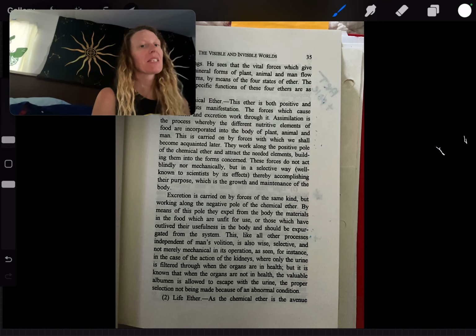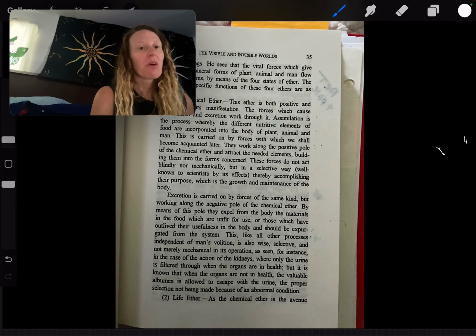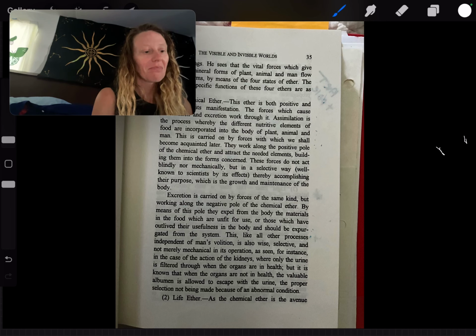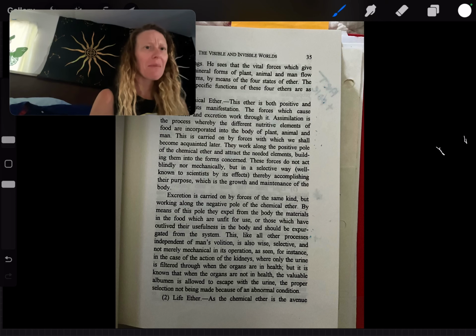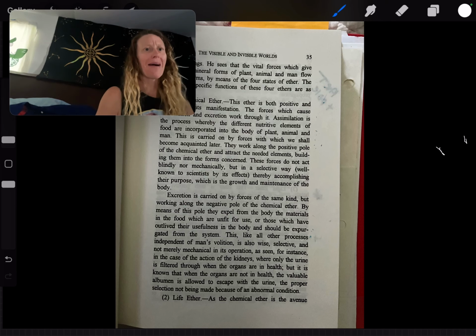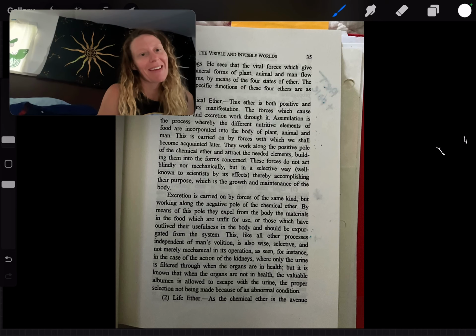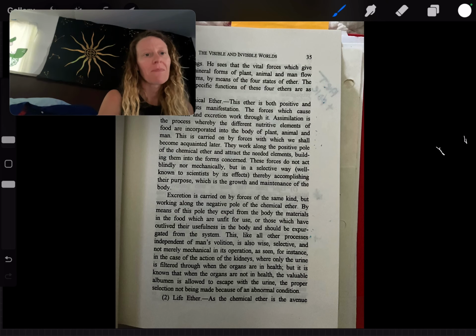So he's saying that this happens whether or not you like it. You can't choose to pull certain nutrients from your body, and you can't choose to say, I'm going to digest my food now. He's making it really sciencey, but that's really what he's saying.